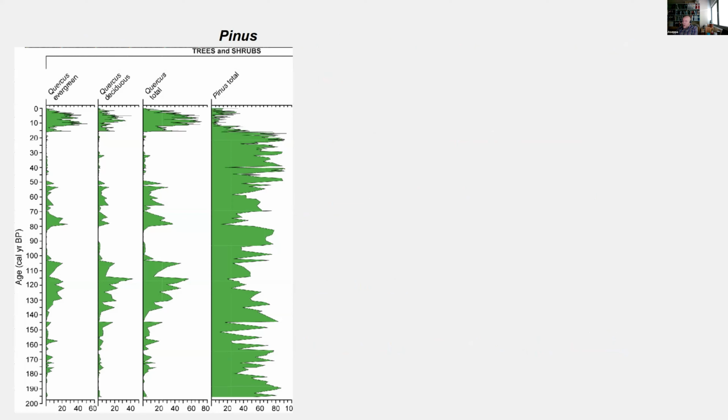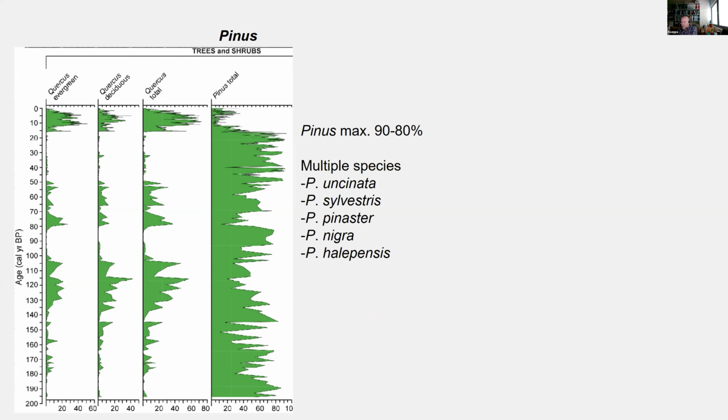And what makes it hard to model the climatic response of Pinus in this part of the world is the fact that there are multiple species included in this pollen. And these have different ecological characteristics. So some prefer more arid climatic conditions, some more humid climatic conditions. And of course, the pollen type then summarizes the climatic responses of all these types.